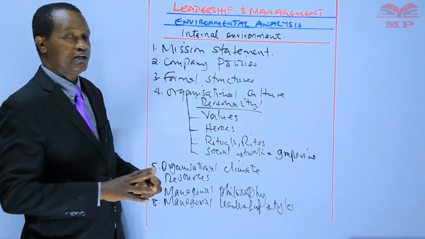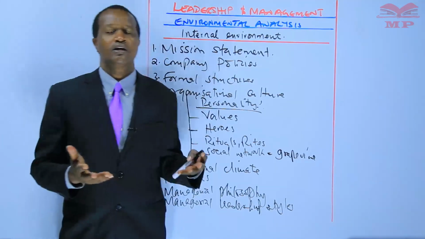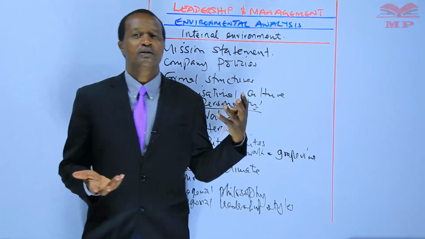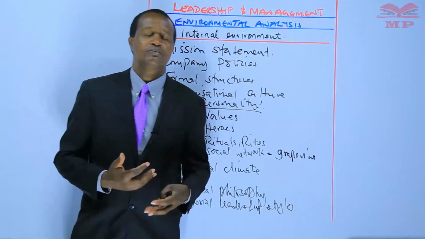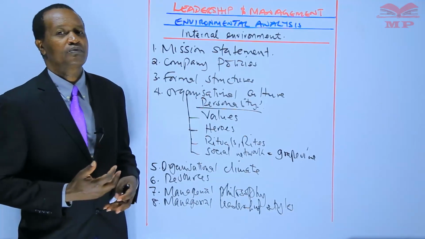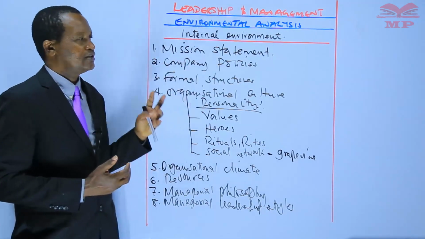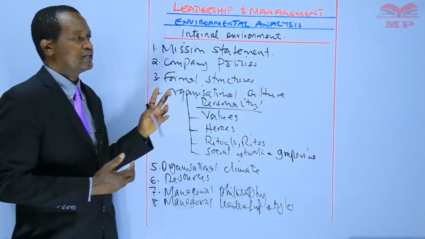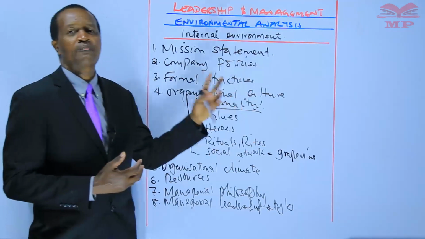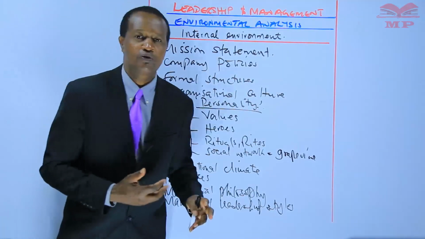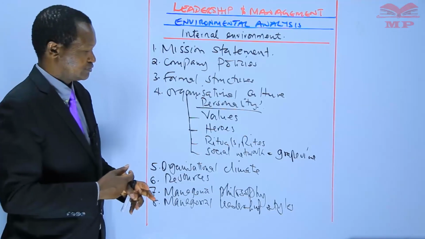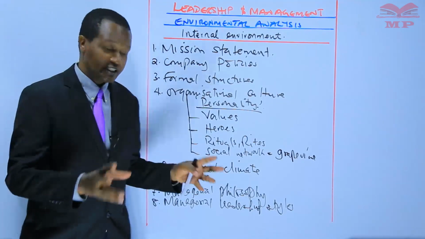There are those managers who adopt a democratic style of leadership. That will impact different on the employees if the manager was to use a dictatorial style of leadership. And previously, candidates, we studied all these styles.